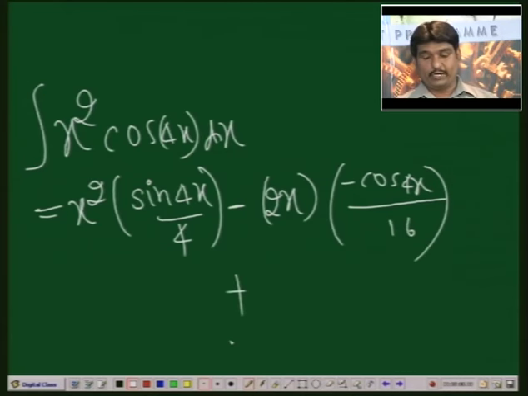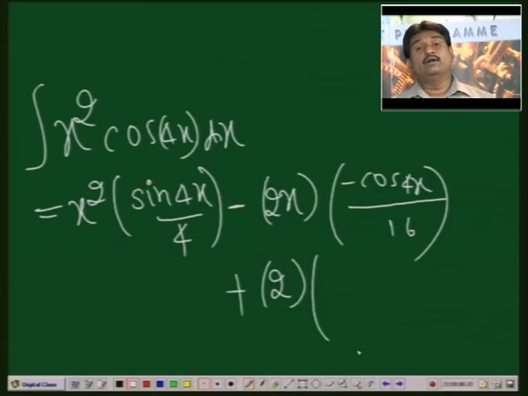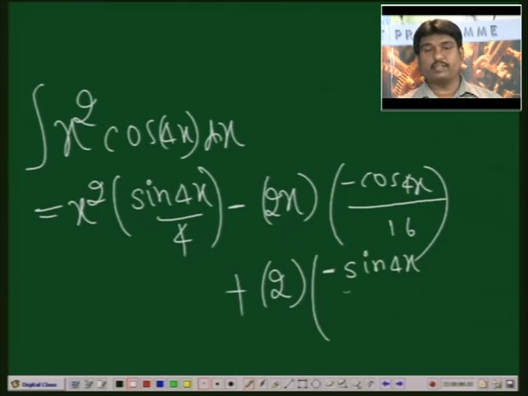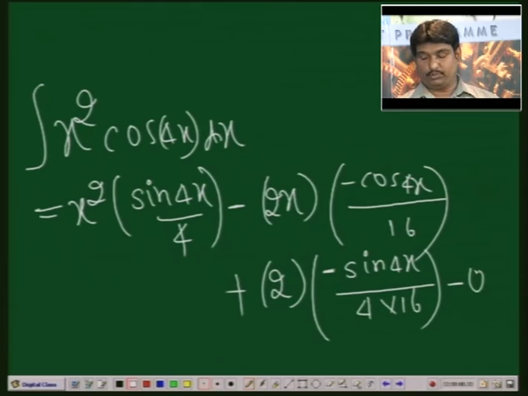Now differentiate 2x; the derivative of 2x is 2. Now integrate it: integration of cos 4x is sin 4x by 4, minus remains as it is, integration of cos is sin 4x divided by 4. So it is 4 into 4 is 16, minus differentiation of 2, which is 0. Stop.